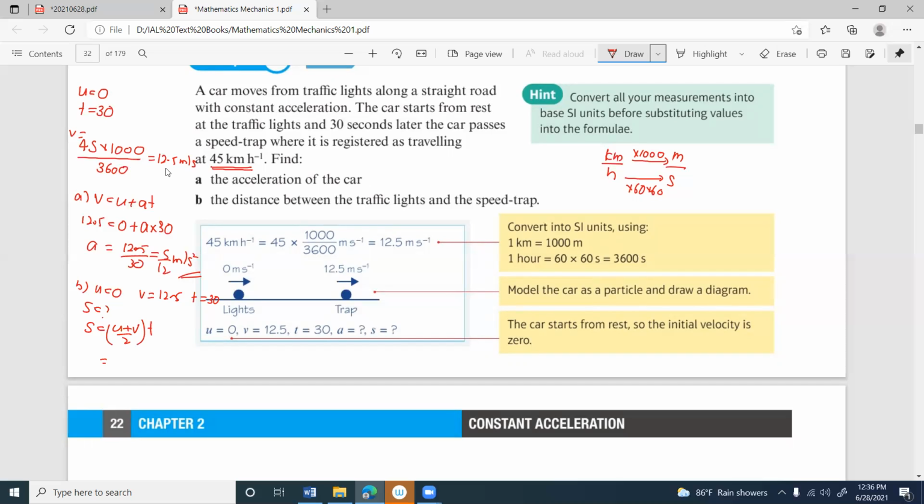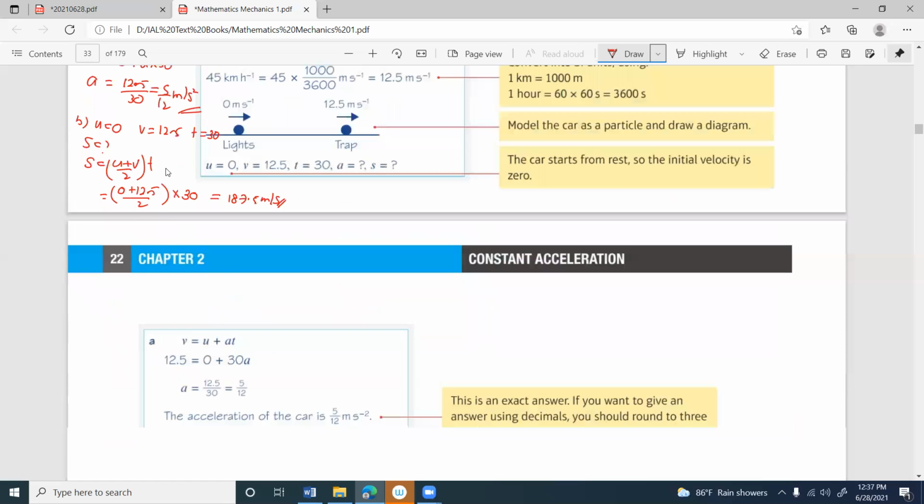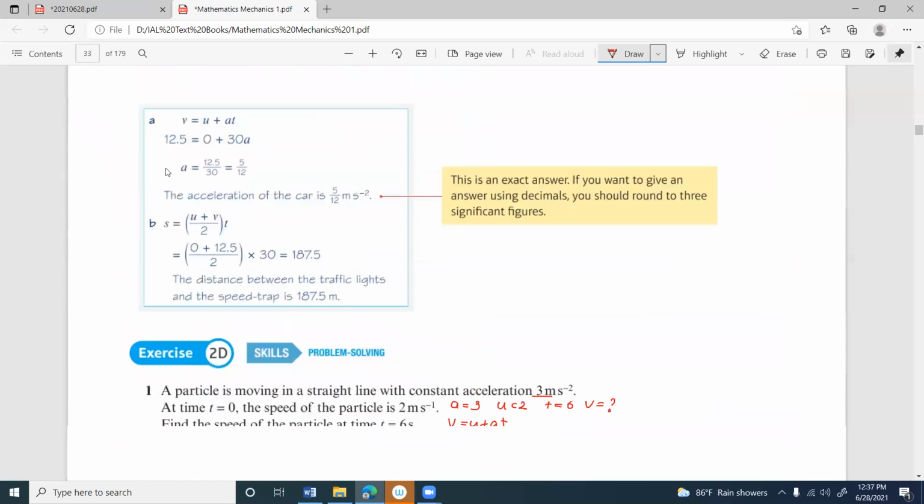U is 0, so it's 12.5 divided by 2 into time. Time is 30. So the answer is 187.5 meters. That's the answer we need to work out here.